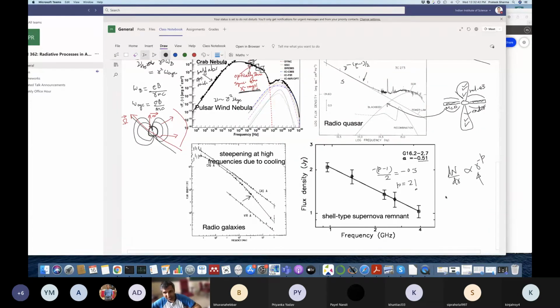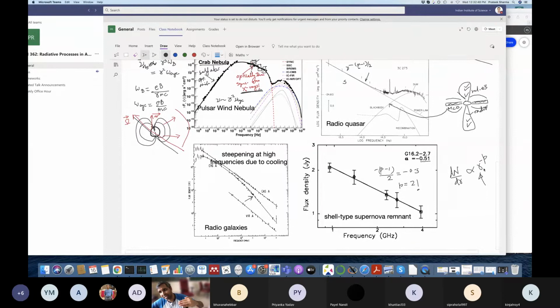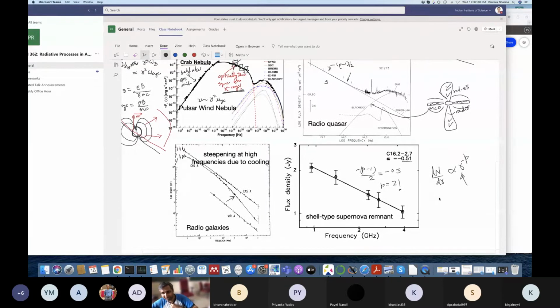That's dN/dgamma going like gamma to the minus 2, which is a very shallow spectrum. Shallow spectrum means that you have many more relativistic particles. A steeper and steeper spectrum will have less and less very relativistic particles. So shallow spectrum means hard spectrum. There are a lot of fast electrons.